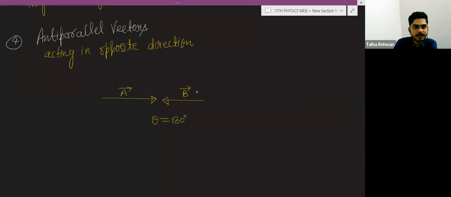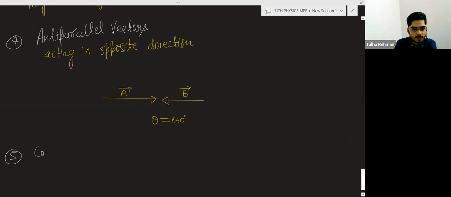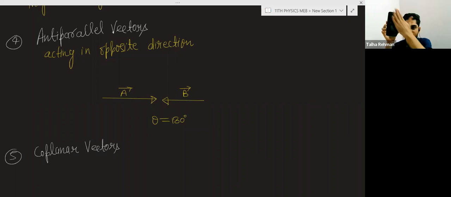Now fifth is coplanar vector. Coplanar vectors means suppose you have this plane. This is plane. Okay, and if the vectors are acting only on this plane, not out of this plane.